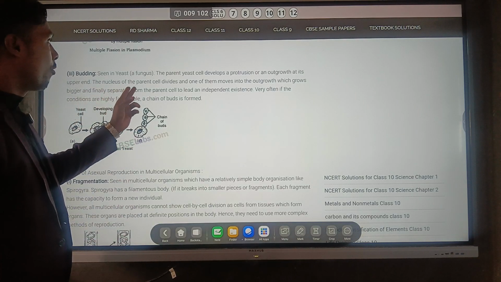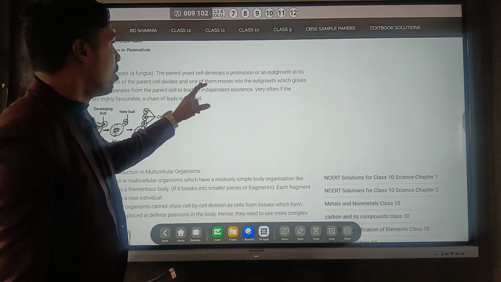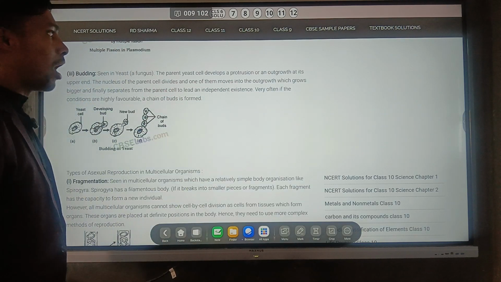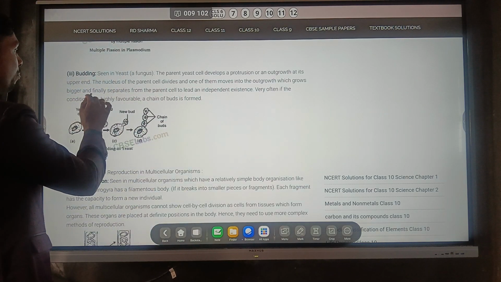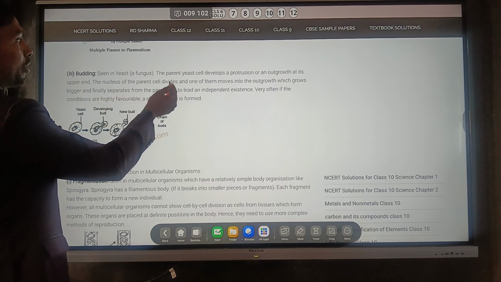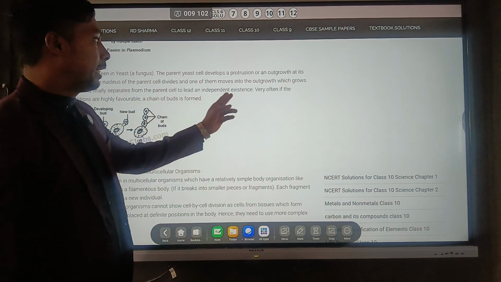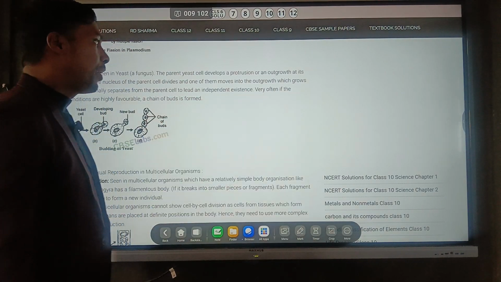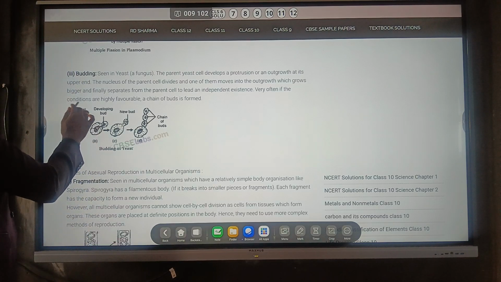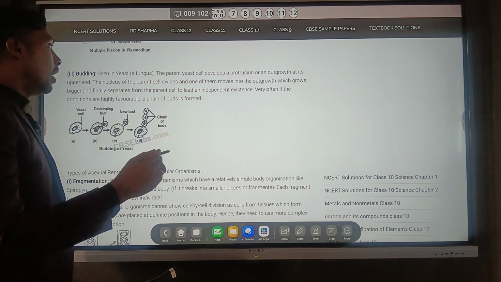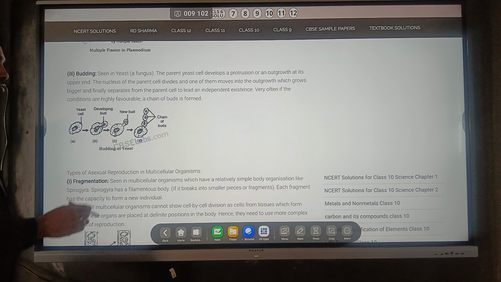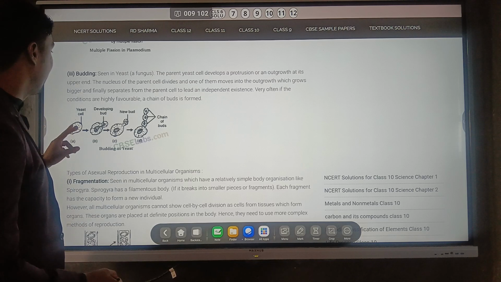The nucleus of the parent cell divides and one of them moves into the outgrowth, which grows bigger and finally separates from the parent cell, leading to an independent existence. Very often, if the conditions are highly favorable, a chain of buds is formed.